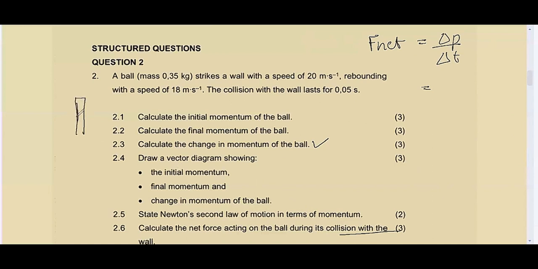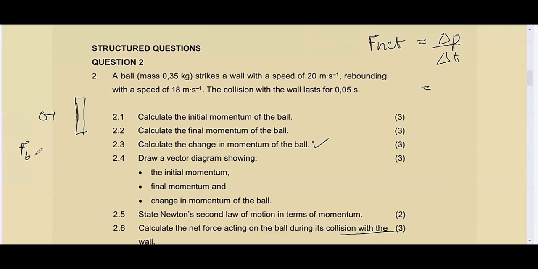What is the net force acting on the ball? We understand that the net force acting on the ball will be the force exerted by the wall on the ball. Considering Newton's third law, when the ball hits the wall, it exerts a particular force on the wall, but the wall is also exerting the same magnitude of force in the opposite direction.